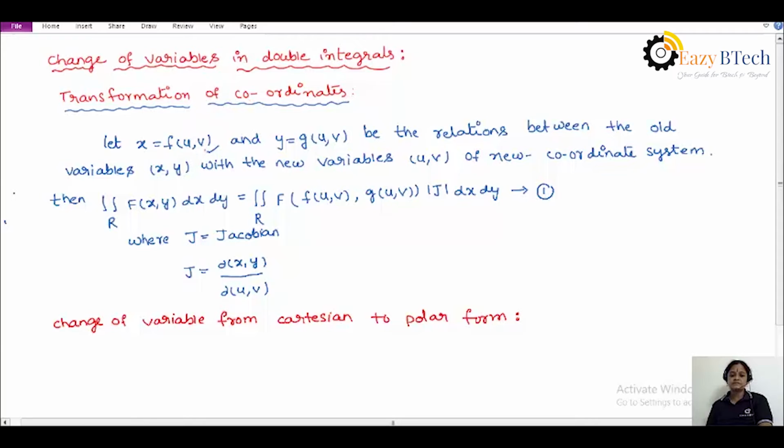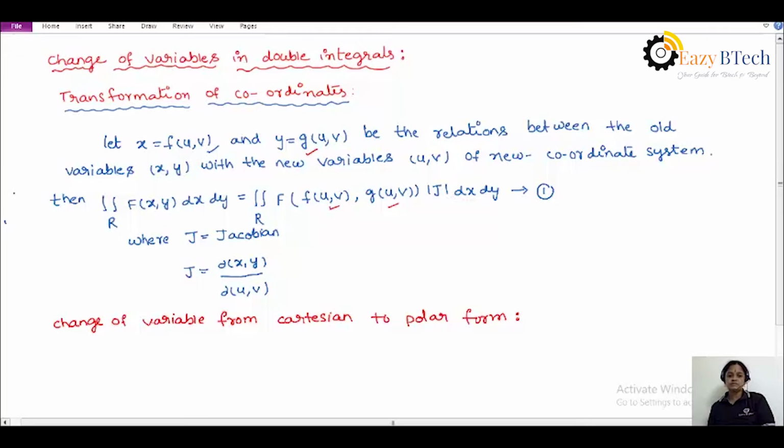If x is a function of u, v and y is a function of u, v variables, then the relation between the old variables and the new variables will be: x, y are the old variables and u, v are the new variables here. Then f(x, y), substituting the new variables in the place of old variables, and dx dy is nothing but the Jacobian transformation of dx dy.